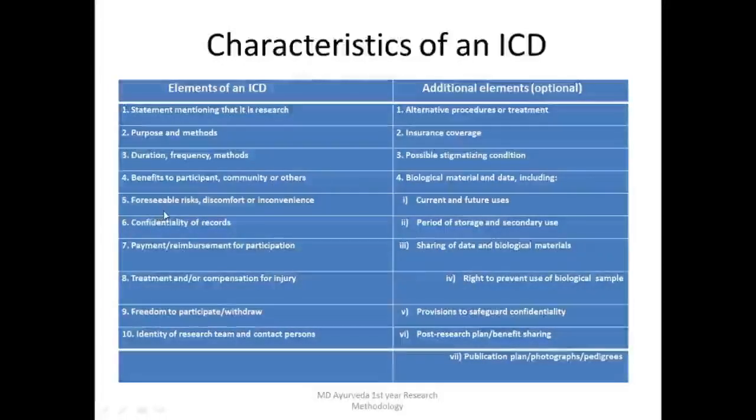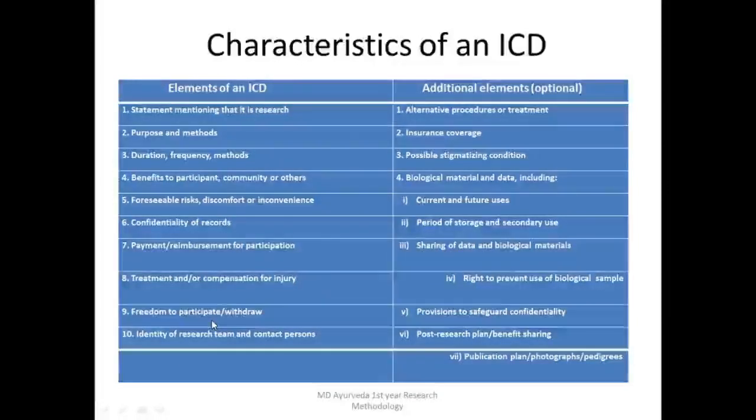You need to mention foreseeable risk, discomfort, or inconvenience, if at all it is possible, through the interventions which you are proposing on the participants. Confidentiality of the records, payment or reimbursement for participation, if any kind of reimbursement is possible to be given to the participants. Treatment and or compensation for injury, if at all it occurs during the trial.